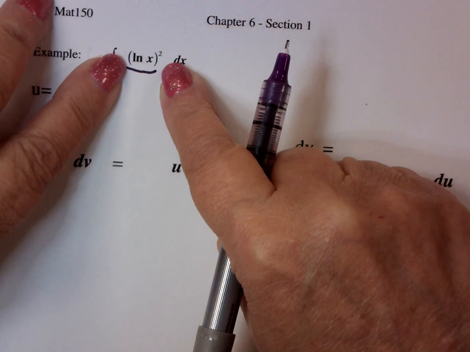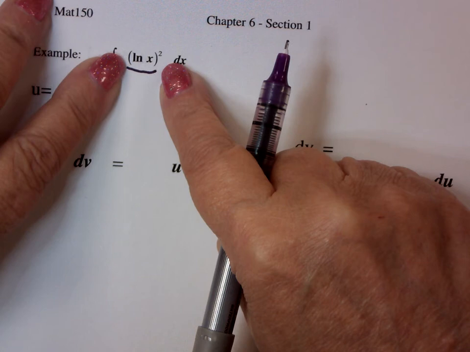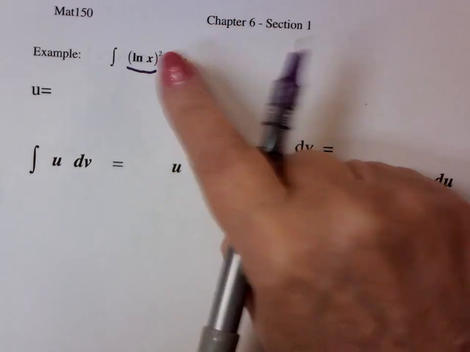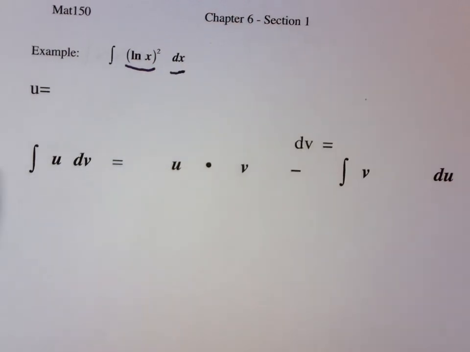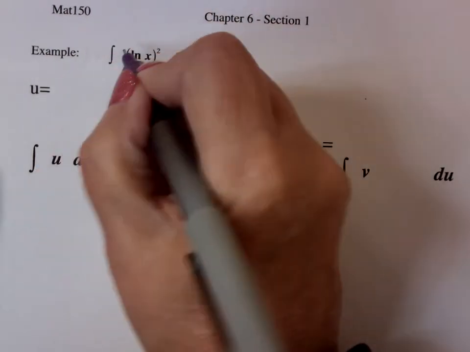When I differentiate it, does it go away? It's 2 times the blob times the derivative of the blob. The blob is natural log of x. It's not going to go away. But I got to do what you got to do, and this is my only choice.